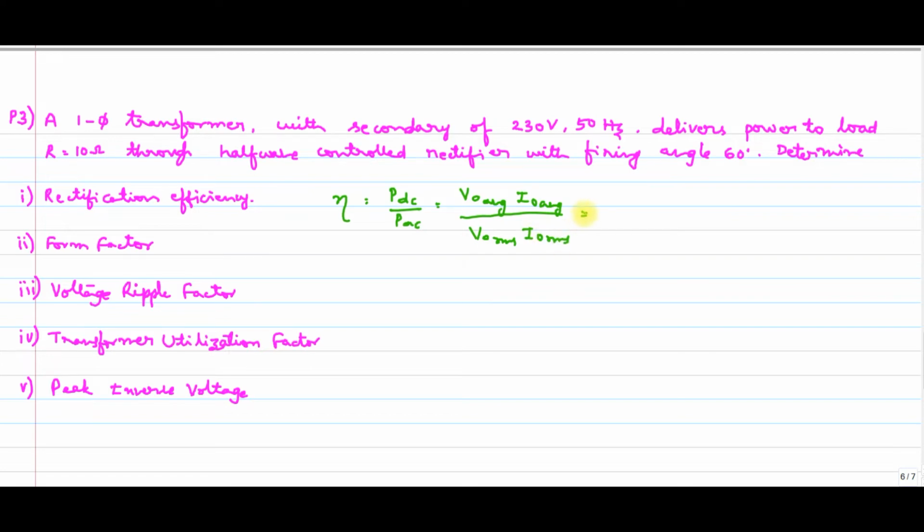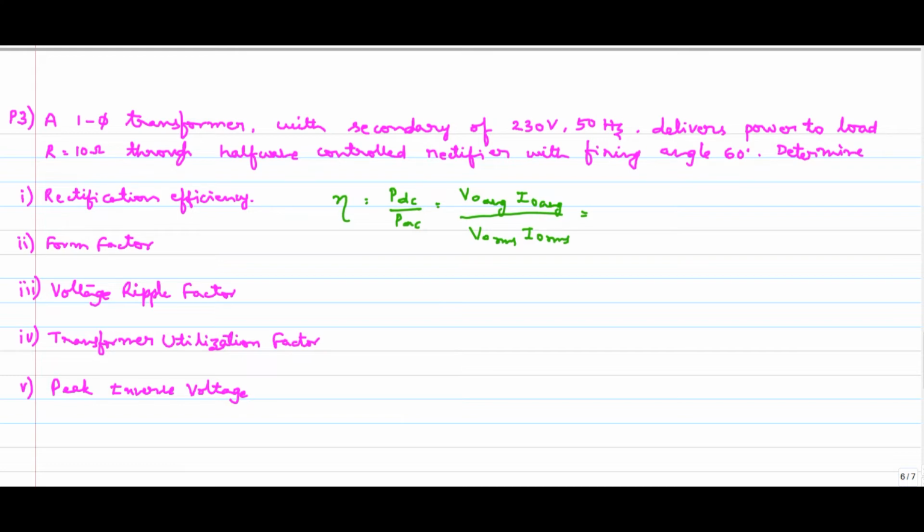The concept is very simple: RMS voltage and RMS currents are the same on the input and output side, so we take RMS at the output side so that they are exactly equal to the input side.